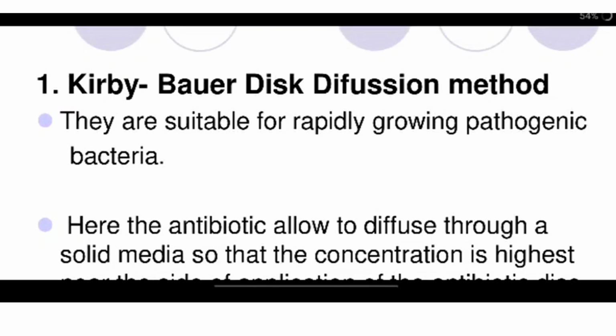So it is mostly done in all the laboratories of medical colleges and hospitals. It is suitable for rapidly growing bacteria because in 18 to 24 hours of incubation period, we will get the result.